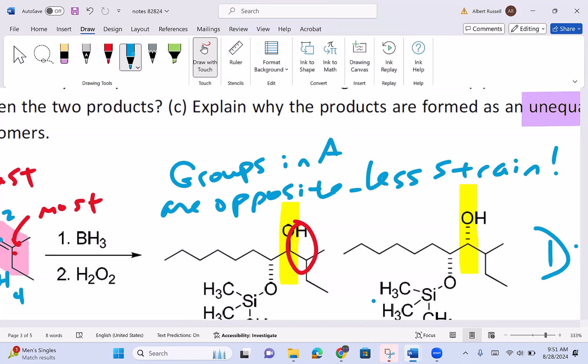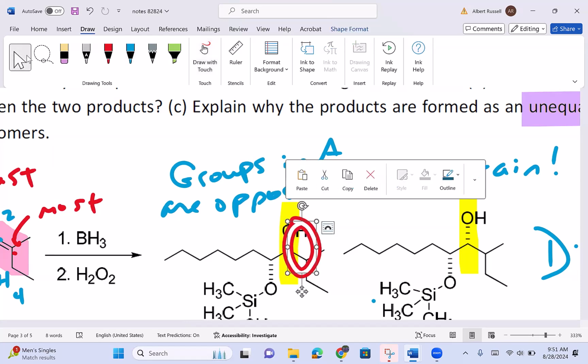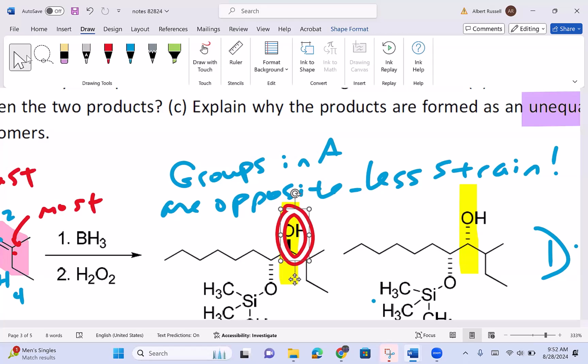So you're 100% correct in saying that A is more stable than B. But the reason is because of how the groups are oriented, the fact that those groups are on opposite sides of one another. That's why A is more stable than B, and that's why you get more of it.